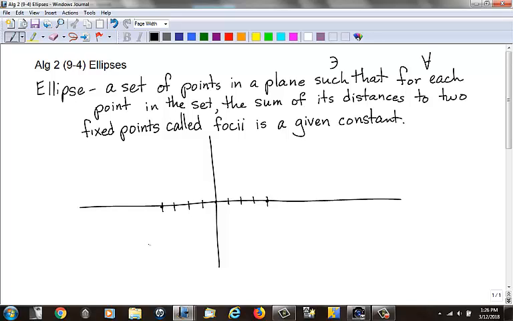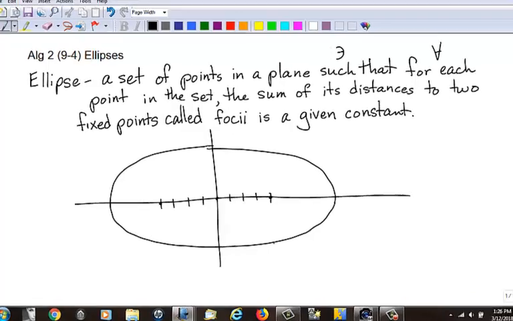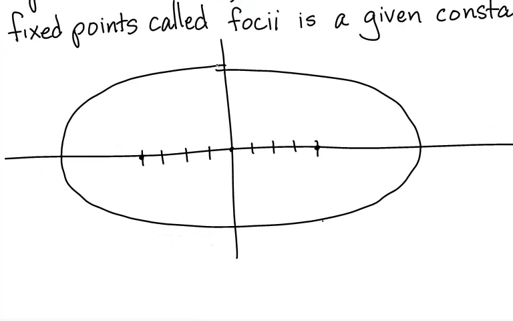And what you do is you basically create an ellipse. It's going to look something like this. It's going to look like an oval, but we call it an ellipse in math. Mine's a little off. But those two foci points, this foci is the ordered pair (c, 0). This one is the ordered pair (-c, 0).